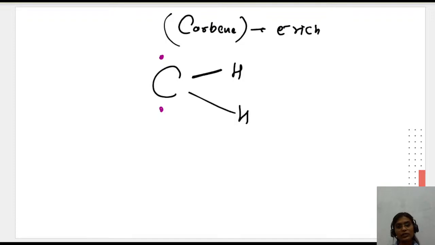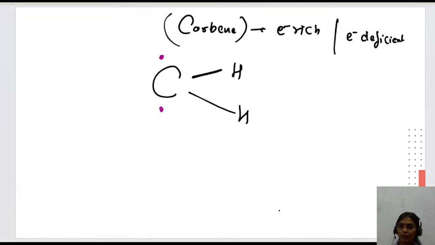Is this an electron-rich species or an electron-deficient species? Hint, count the number of electrons. Electron rich. Okay, very good.